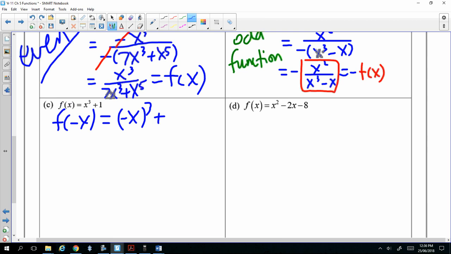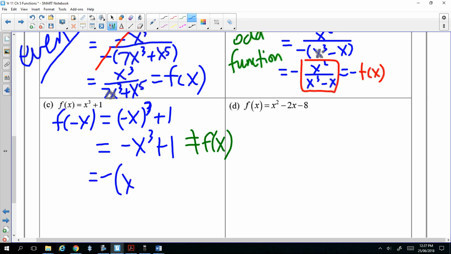Now this one, there's a problem. Obviously, it is not even, right? Because it's not the same. But is it odd? Let's take out the negative. It's different, right? This is different from that. It's not equal to the negative of itself. So what can you conclude? We'll say it is neither. It's neither even nor odd.